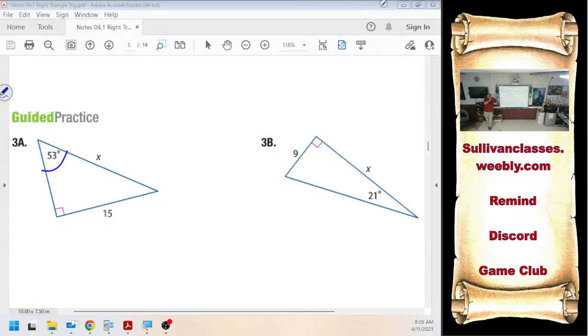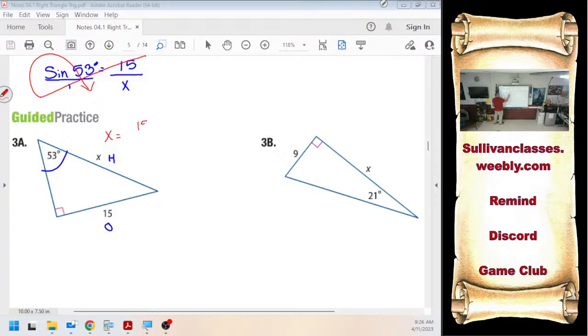First one, if I'm looking from 53, what two sides do I have? Opposite and hypotenuse, which is sine, cosine, or tangent. So if the sine of 53 is opposite over hypotenuse, multiply the two that line up, divide by the one that doesn't.